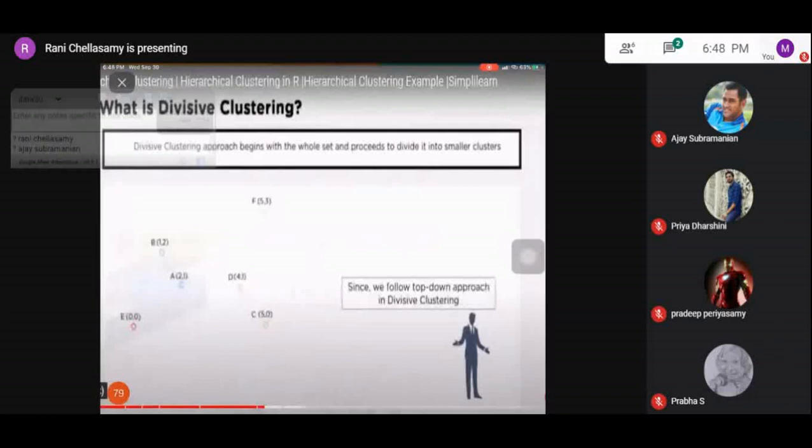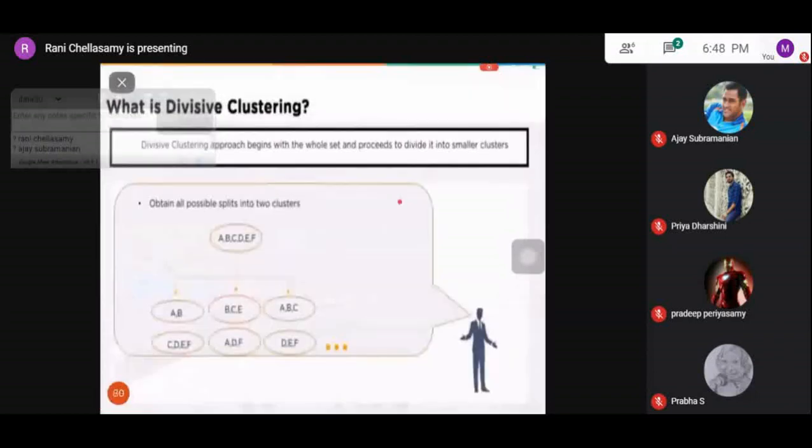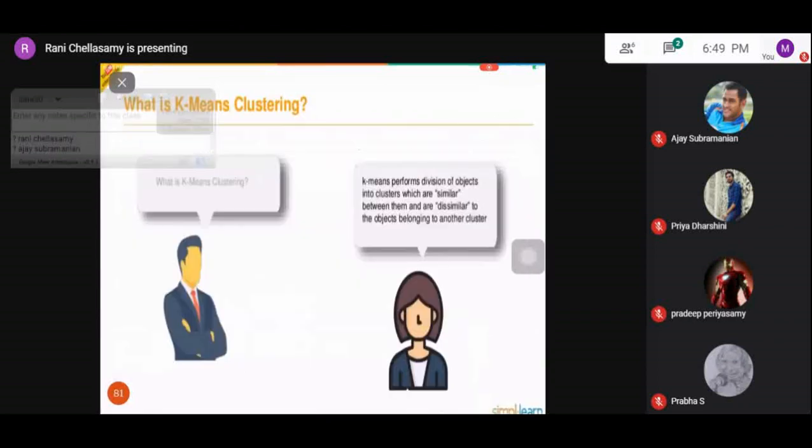Top-down means we take all the data points A, B, C, D, E, F and divide them into 2 clusters, like one cluster having A, B and the other cluster C, D, E, F. The next possibility is forming B, C, E and the other cluster A, D, F. Likewise, you can combine in different ways. Obtain all possible splits into 2 clusters.